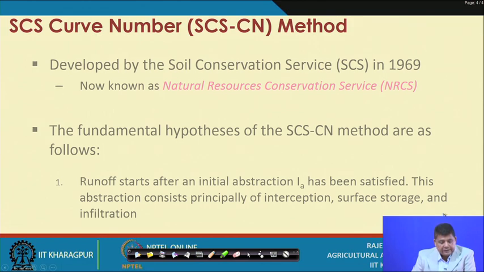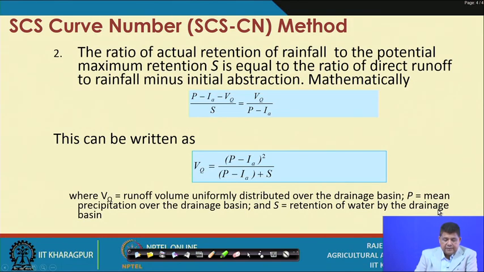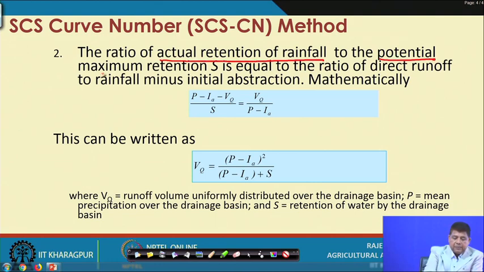The second hypothesis says that the ratio of actual retention of rainfall to the potential maximum retention S, S being the terminology representing the potential maximum retention, is equal to the ratio of direct runoff to rainfall minus initial abstraction.